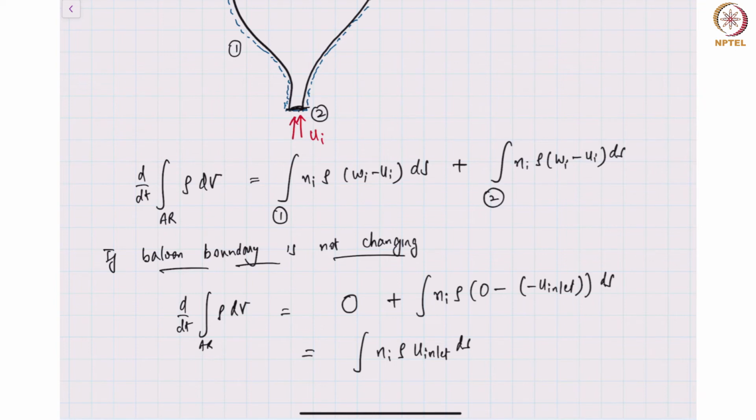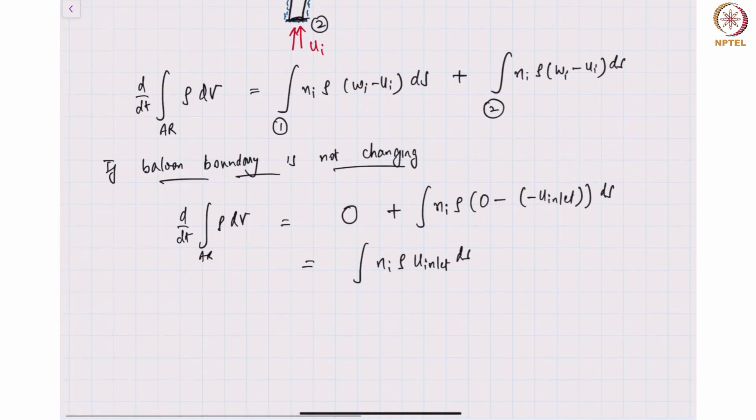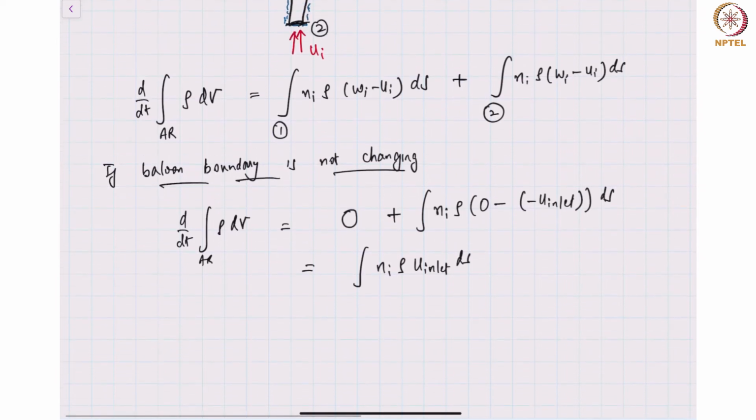The reason ni and u inlet are of opposite sign is that ni is the normal to the boundary 2, and u inlet is opposite to the normal. The normal vector normally points outwards, while the velocity u inlet is inwards. That's the reason for changing the sign. So this equation is consistent.